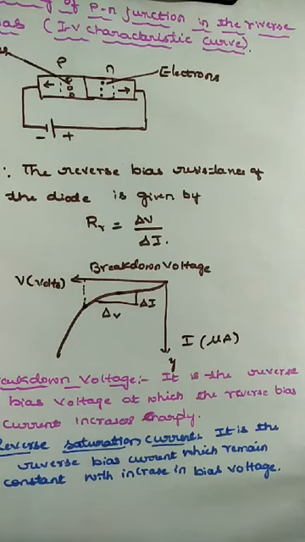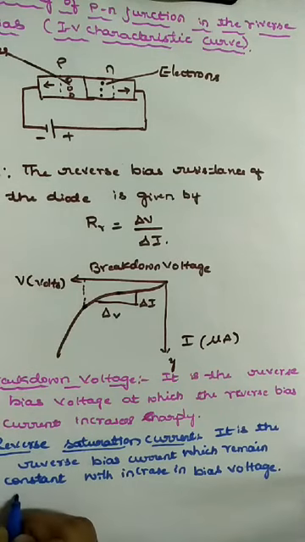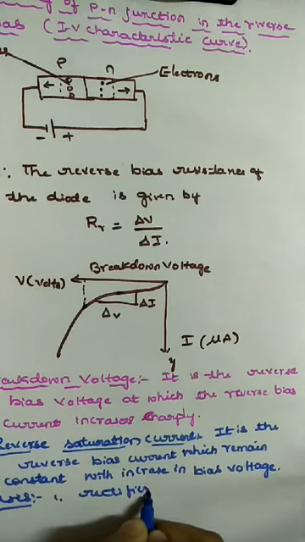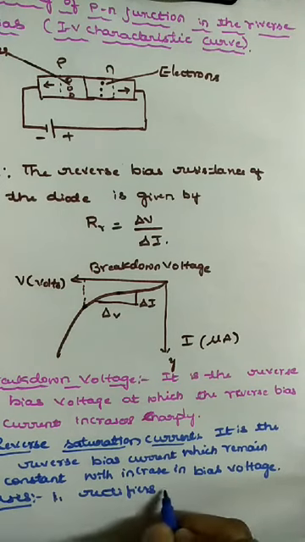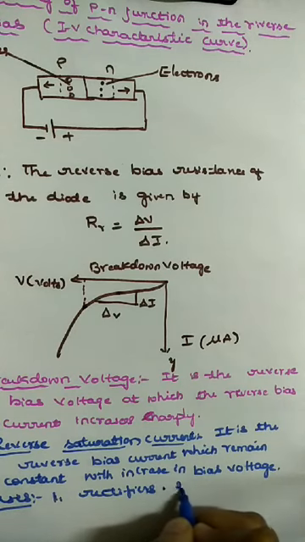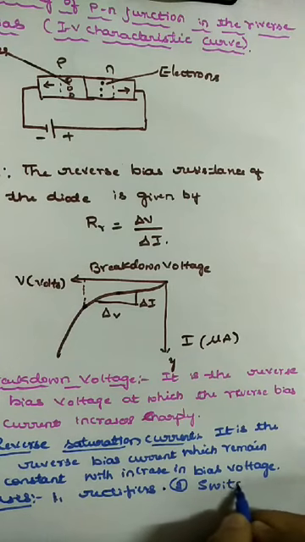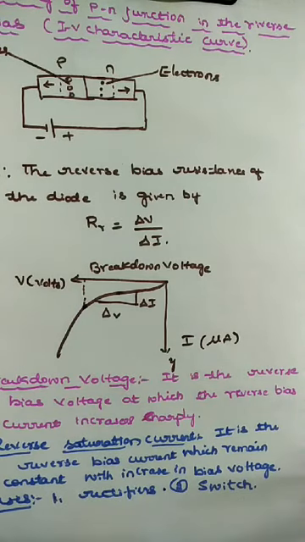The first use is as a rectifier, and the second is as a switch. These are the two applications of the PN junction.